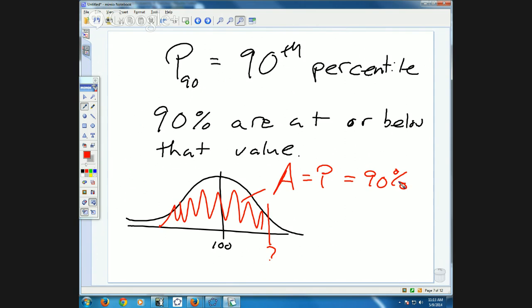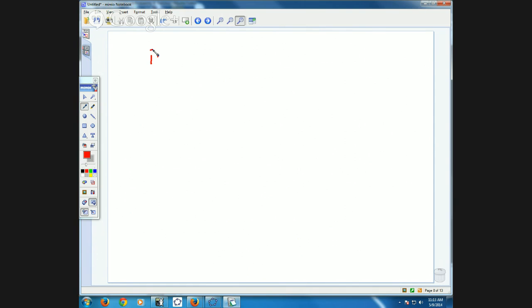The inverse normal gives you one of two things. It gives you z-scores or actual values. So write this down. INV norm means inverse normal.